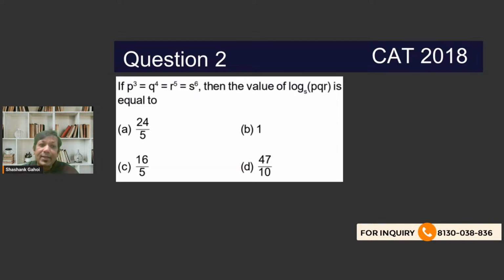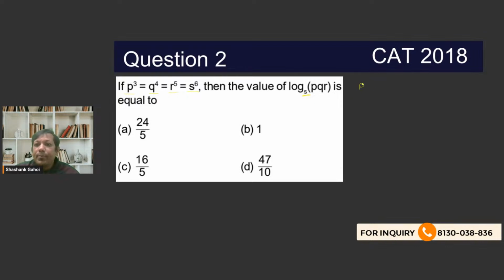What does it say? It says p cube equals q power 4, that is equal to r power 5, that is equal to s power 6. So what is the value? What is the base over here? S. So I am going to calculate every value in terms of s.